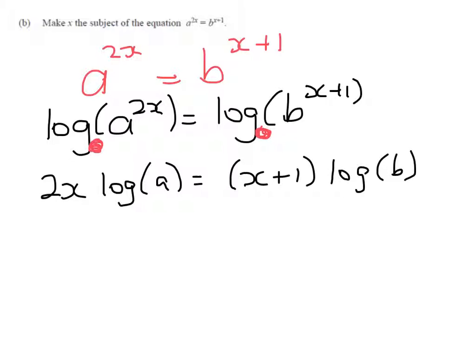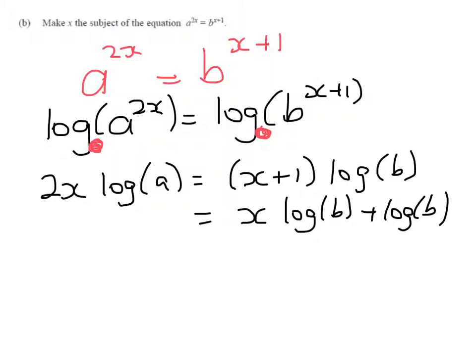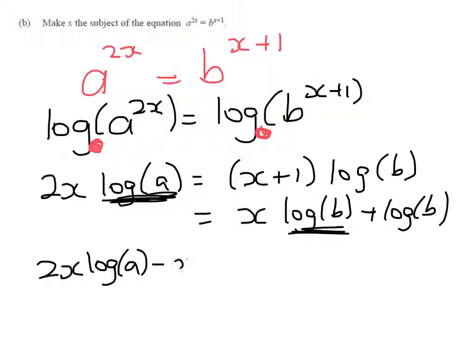Now let's expand out this side and we get x log b plus log of b. Now we're going to collect up like terms, so this log b here and log a, this is just a number. So collecting up the x's, we've got 2x log a minus x log b equals log b.